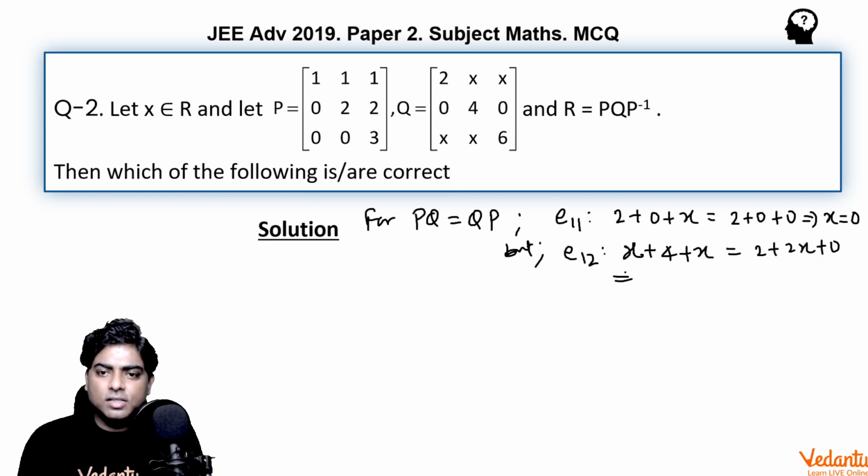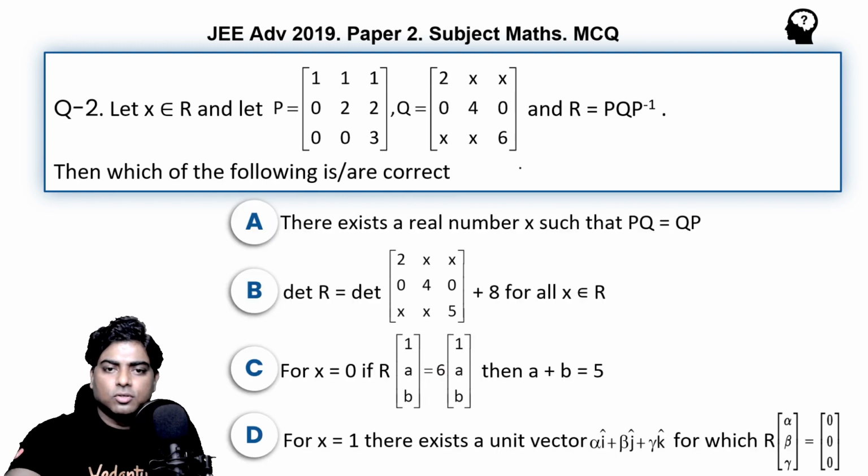With x equal to 0, this gives 4 equal to 2, which is not possible. So this is not true. Option A, in that manner, is not true. So option A is wrong.